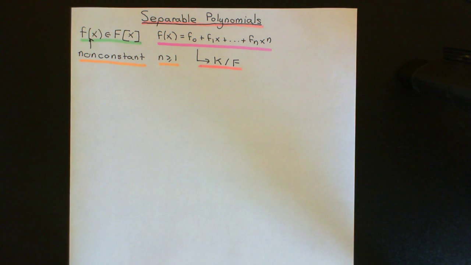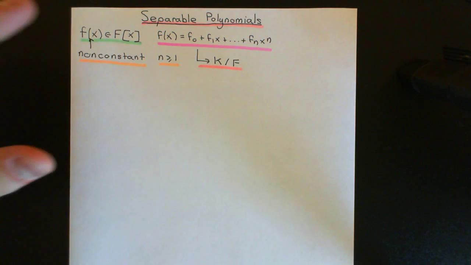You'll end up with the smallest field extension of F which contains all the roots of the polynomial, and over which the polynomial therefore splits into linear factors.